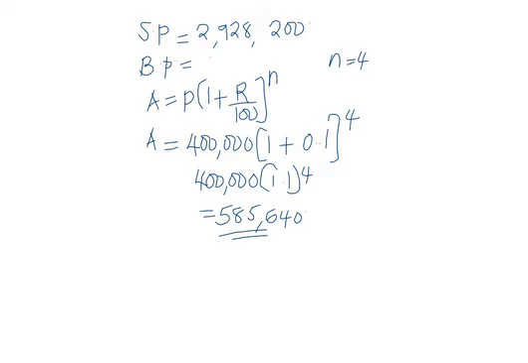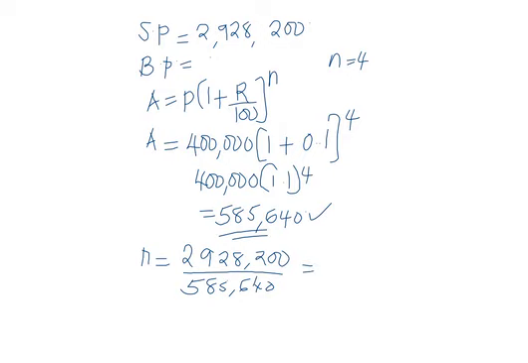So if he sold them at 2,928,200, we can get the number of plots by dividing by the value of a plot. So the number of plots, call it N, will be equal to 2,928,200 divided by 585,640. So we divide and it will give us 5 as the number of plots.